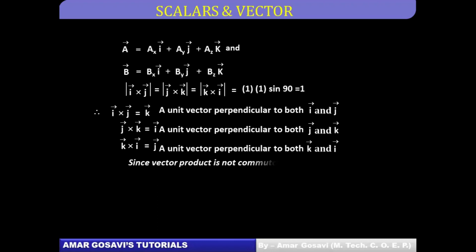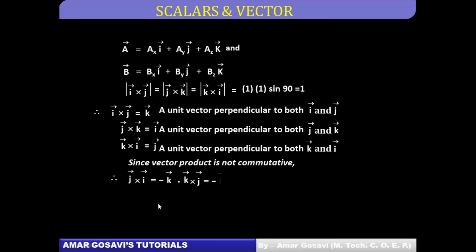Now I just change the order because it is not commutative. If you change the order of the above cases, j cross i won't be k, then what would it be? It would be minus k. j cross i is minus k.